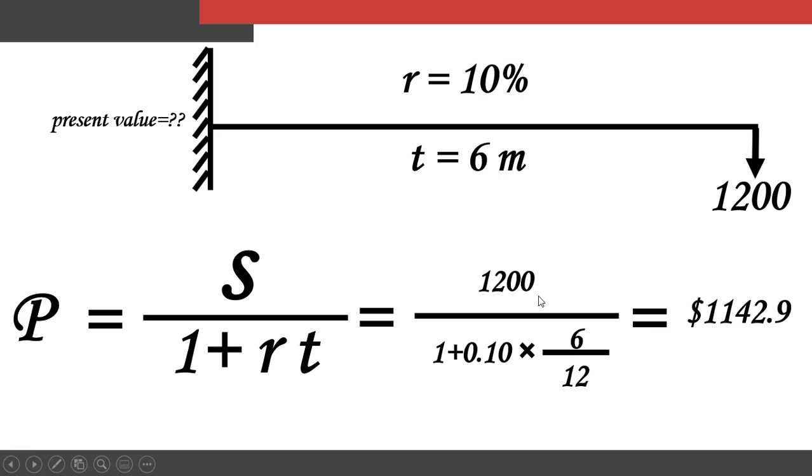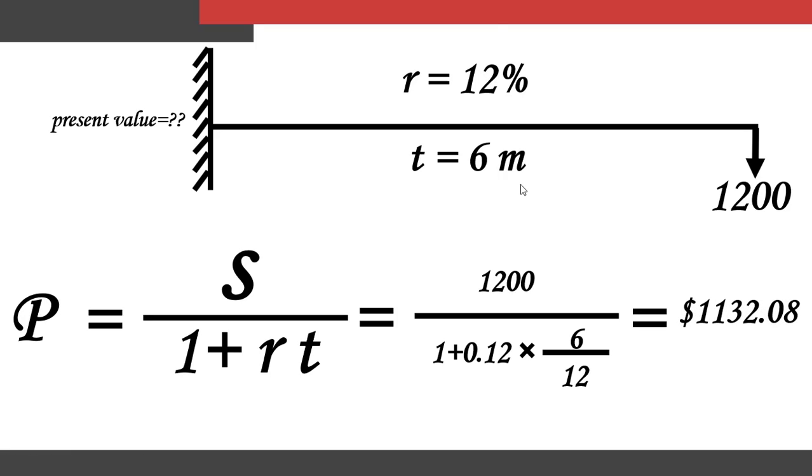S equals $1,200 divided by 1 plus 10% times 6 over 12, so P equals $1,142.9.